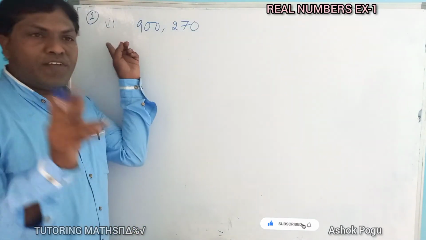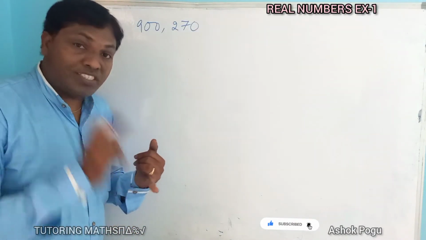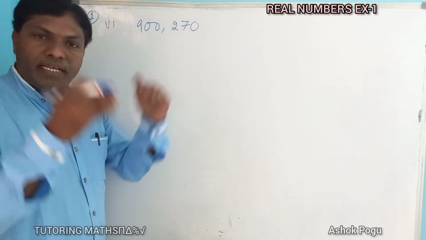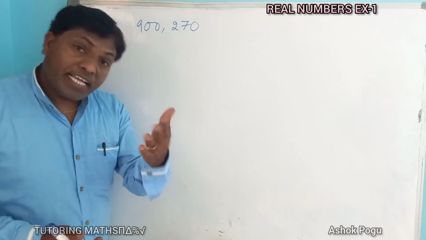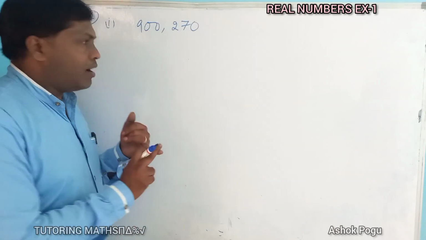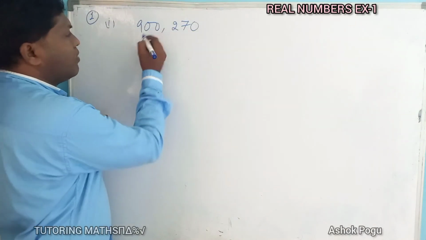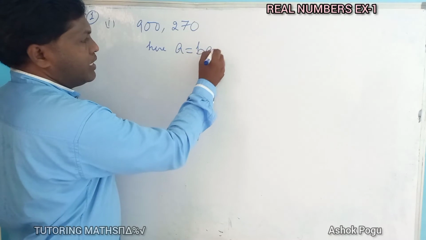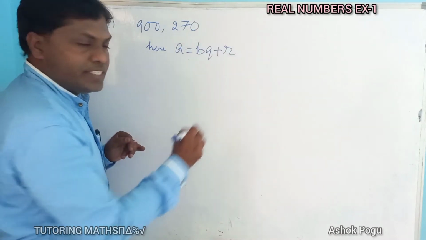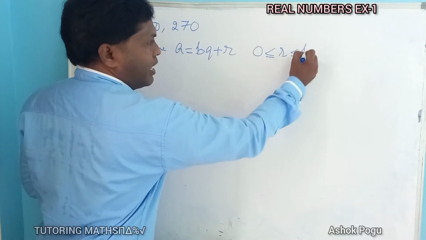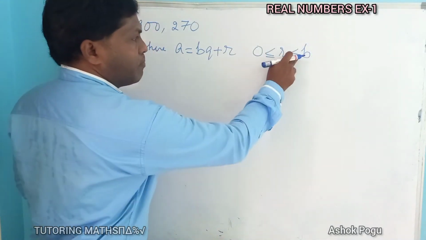Yes, here is the very first question of the first exercise, first chapter, real numbers. We have two numbers, 900 and 270, the bigger numbers. We can find the HCF of these numbers by using Euclid's division lemma. And what should we take first of all? Here the formula is, you know that, a is equal to bq plus r, where 0 is less than or equal to the remainder r and r is less than b.